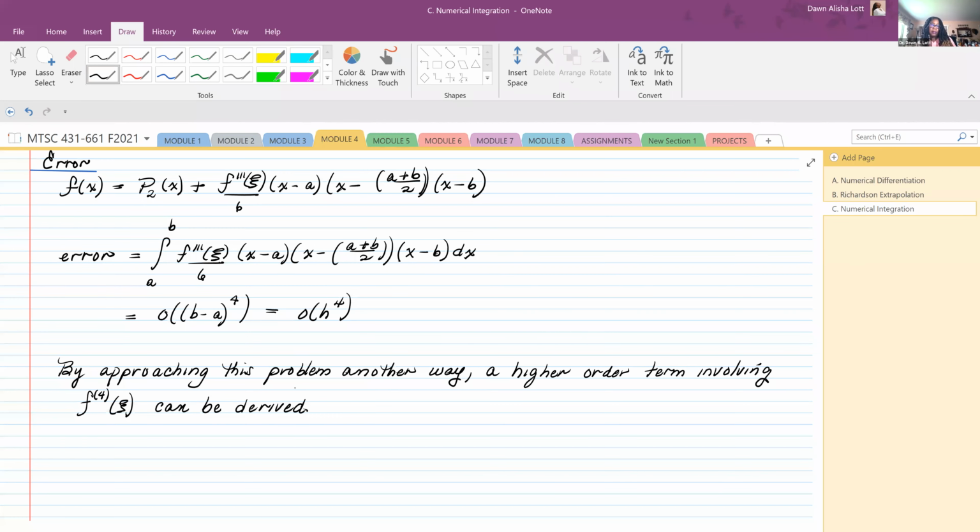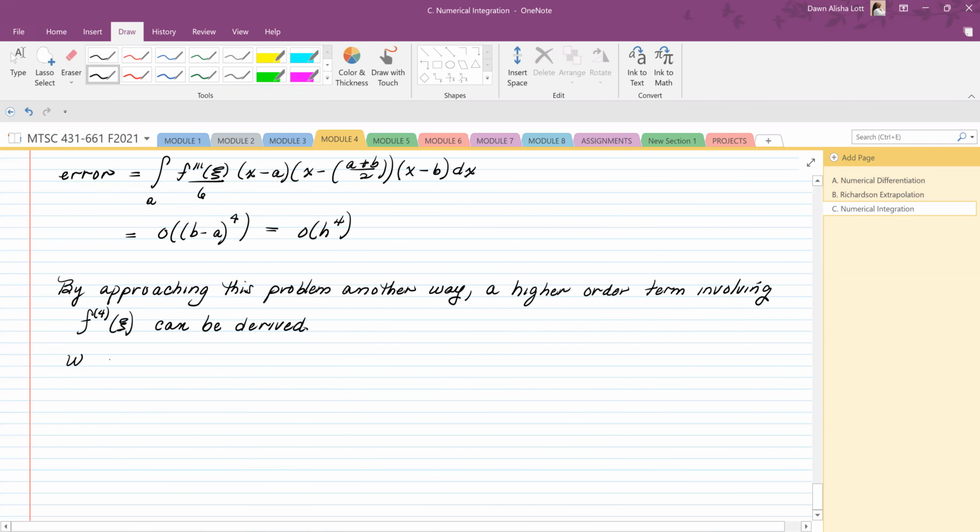But in this other way, we can show that the error is minus b minus a to the 5th power over 90 times the 4th derivative.